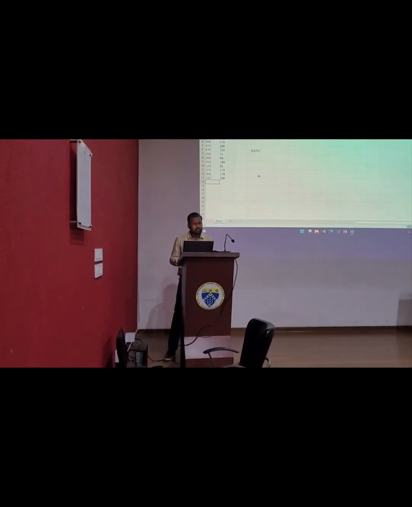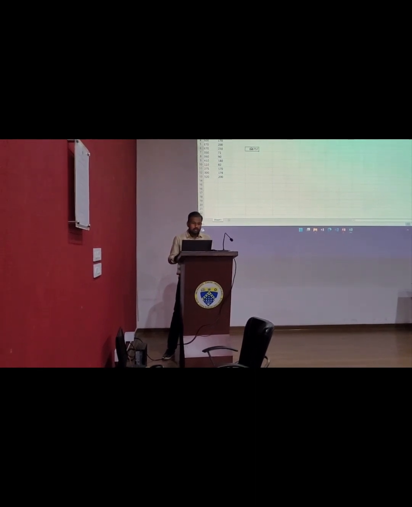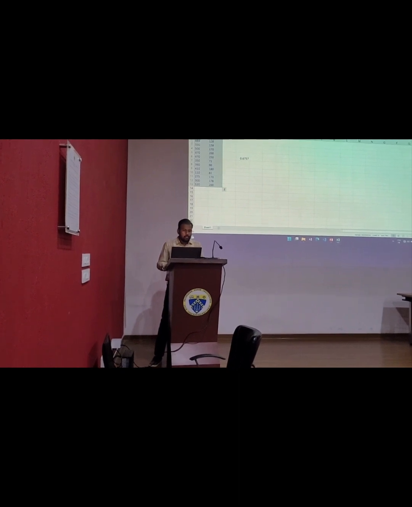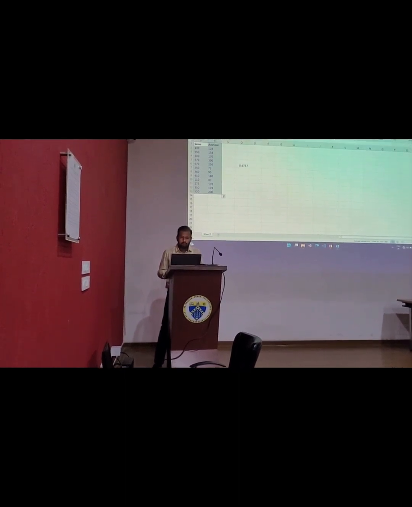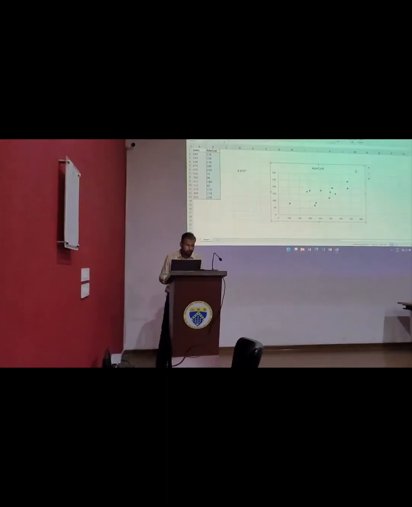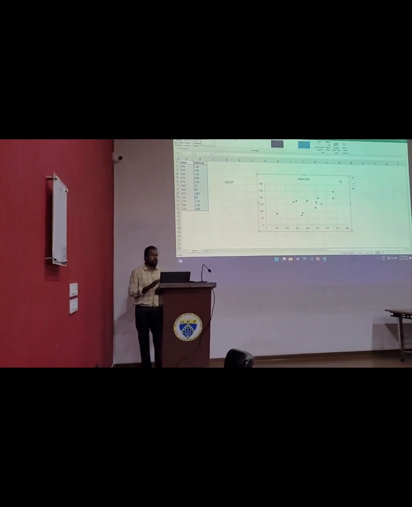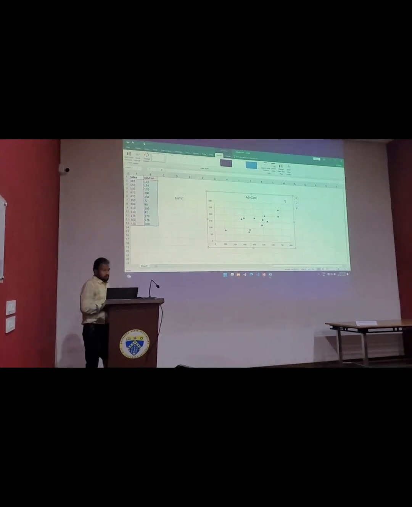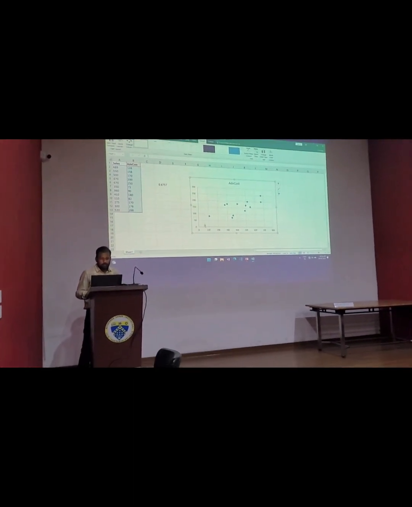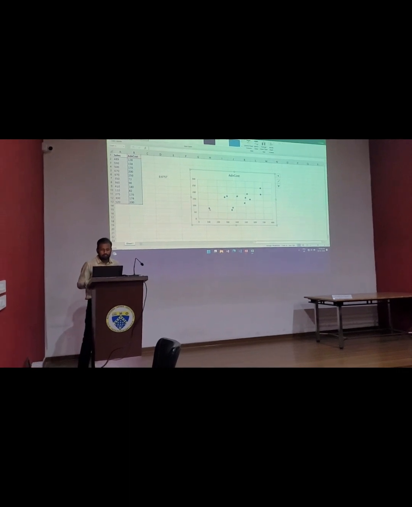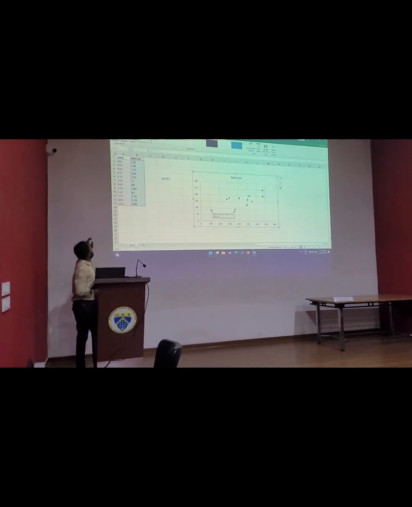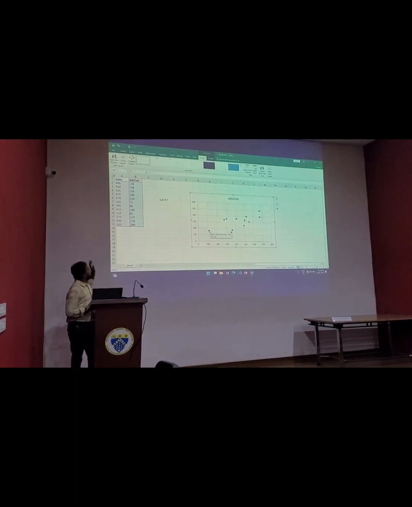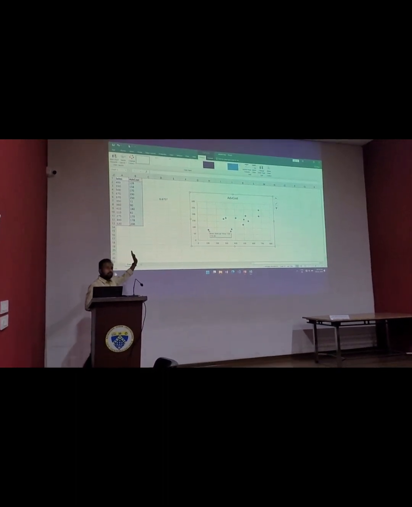Before running linear regression, let's see a simple scatter plot of sales versus advertisement cost.